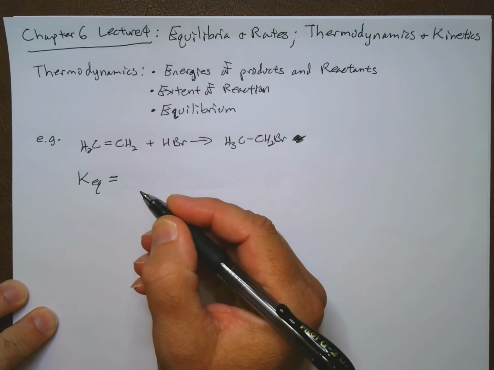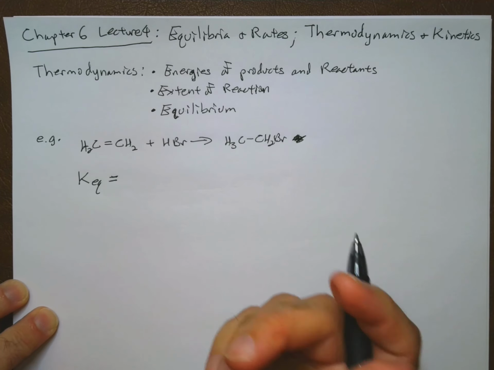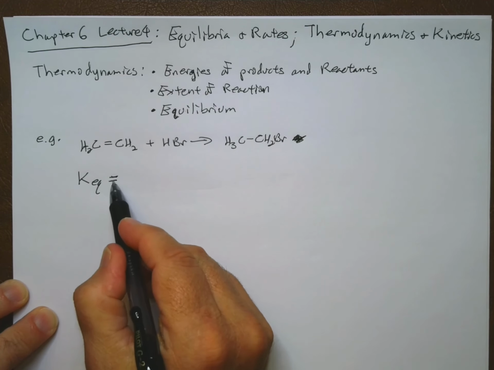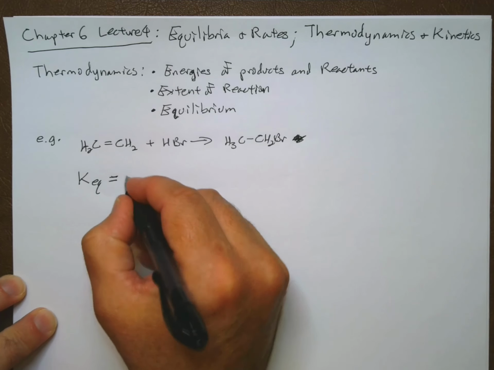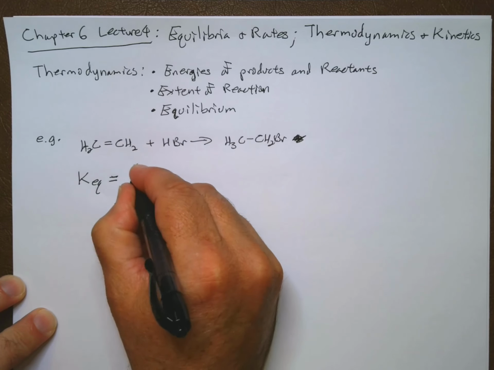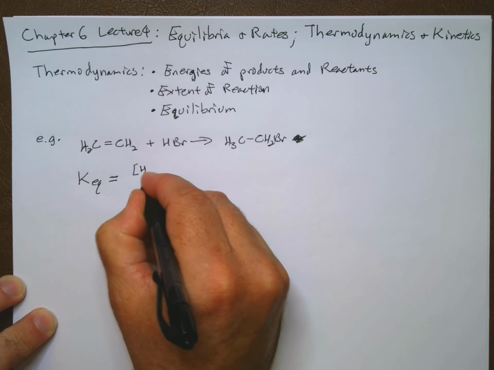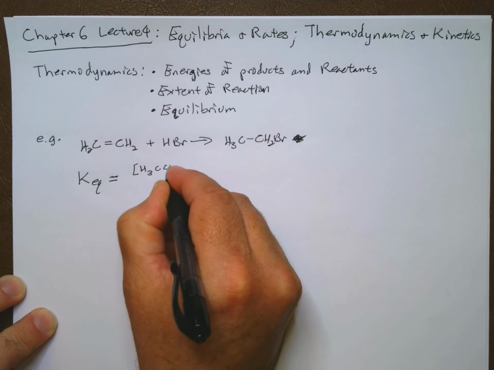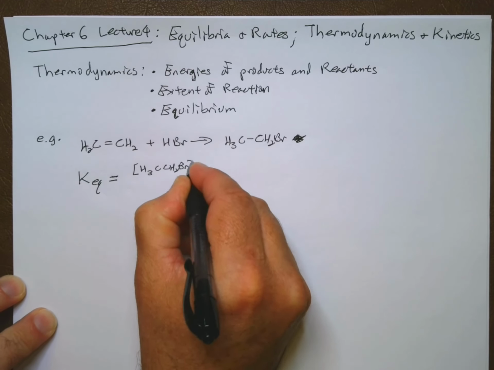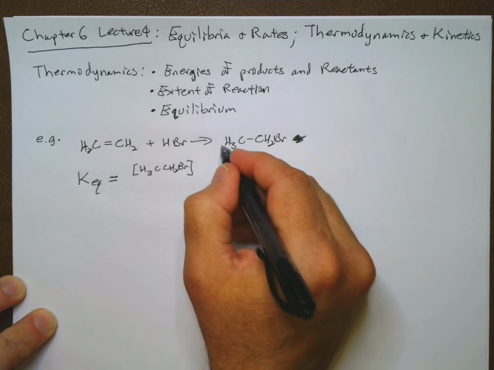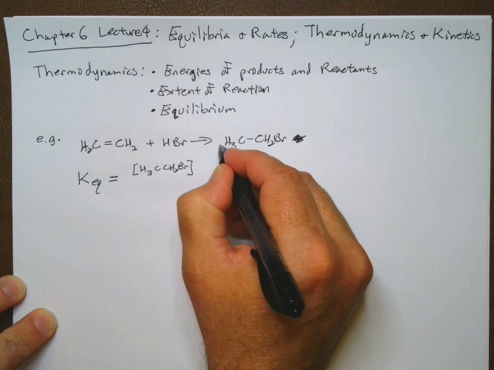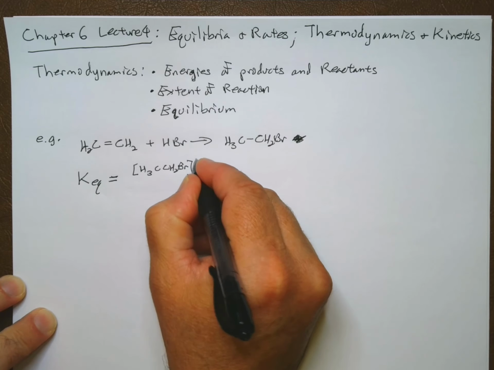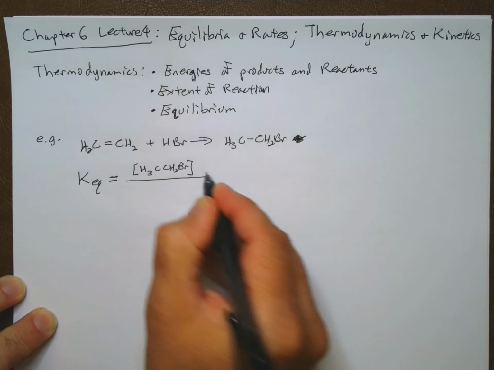Now equilibrium constants, as you may remember from Chem 1b, can be written as an equilibrium expression, which is the equilibrium constant equals the concentration of the products, so H3C CH2Br, raised to the powers of their coefficients. So in this case, our coefficient is just 1, so this would be to the 1 power, so I'll leave it blank.